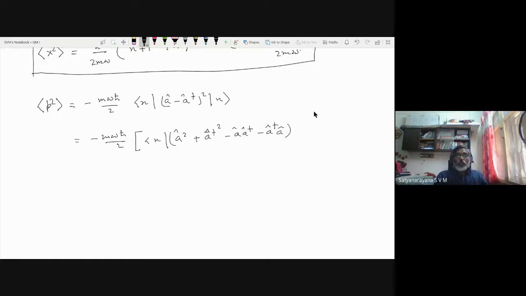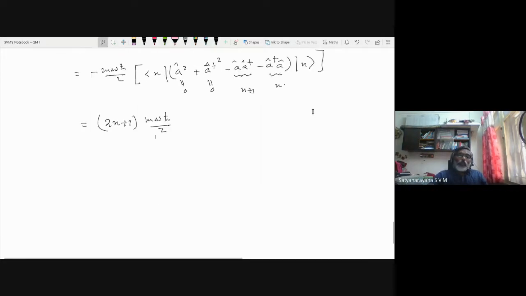Okay, so there are 4 terms. Now you can see that with the same argument as in the previous case, this will become 0, this will become 0. Please don't think that we have to write this separately. The expectation value of this becomes 0, of this becomes 0, and this one becomes n+1, and this one becomes n. So the minus sign will come out, and then you have (2n+1) into mωħ. Right.